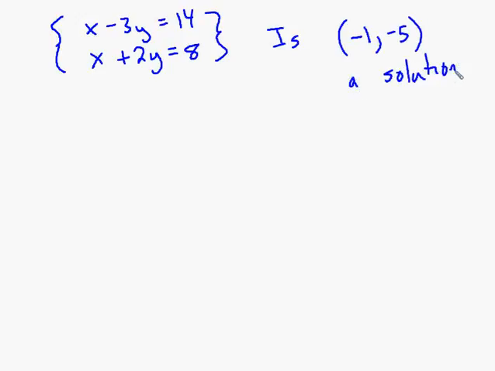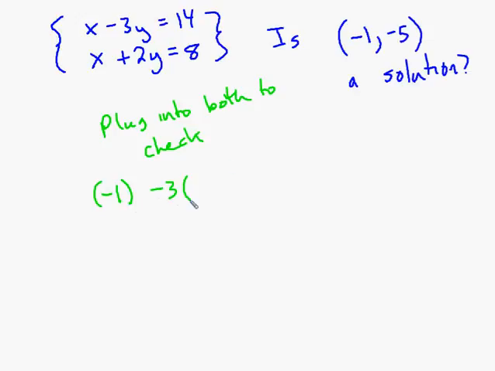So how do we check to see if that is indeed a solution? Yeah, I plug it in, but I need to check both. Alright, so I get negative 1 minus 3 times negative 5 equals 14. Follow the order of operations, I get negative 1 plus 15 is 14.